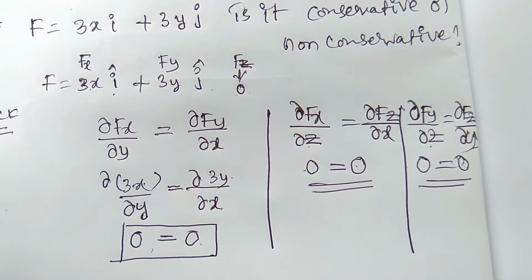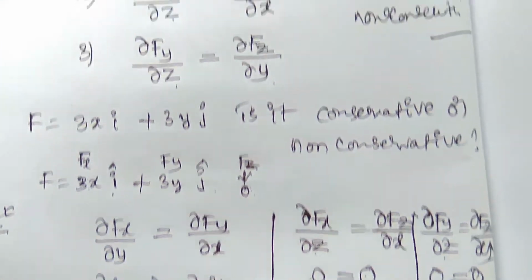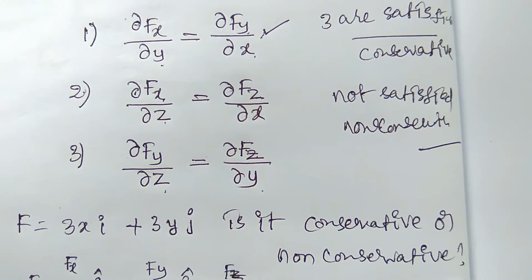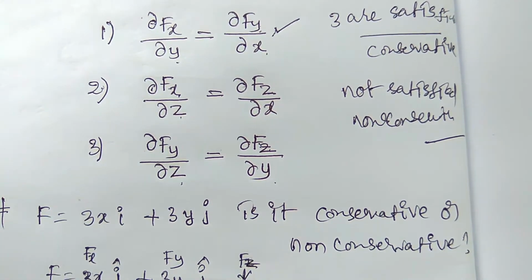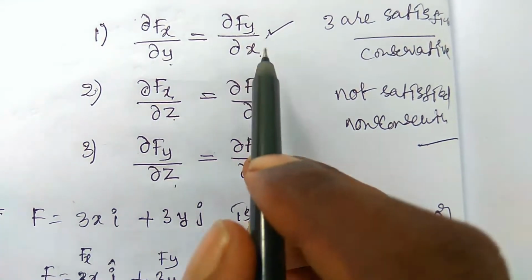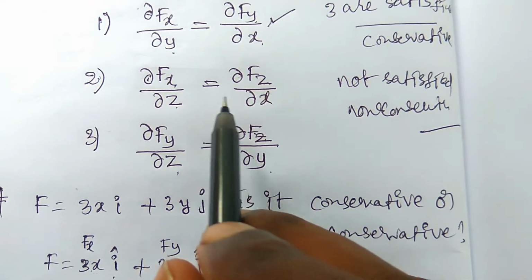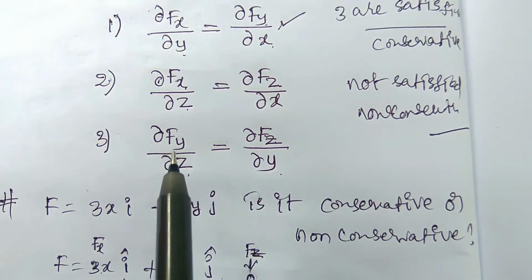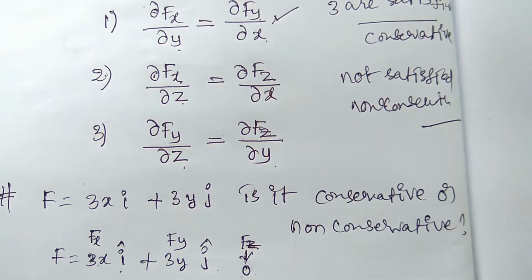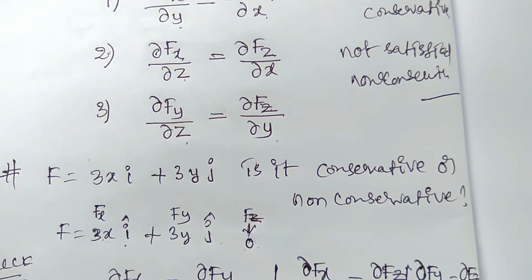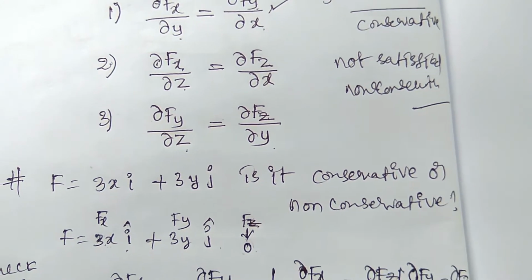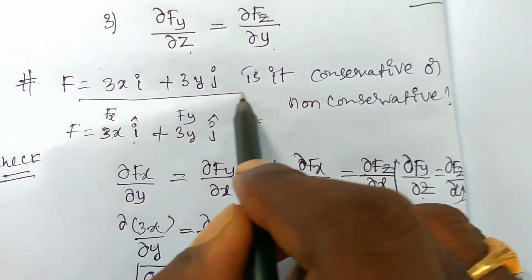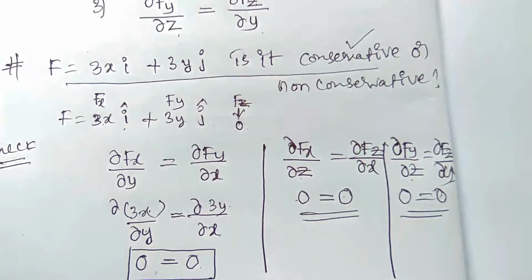The assumption is the three conditions: whatever LHS value we get, the RHS must be the same. It could be 1 equal to 1, 2 equal to 2, and 3 equal to 3. Whatever the value, if LHS is equal to RHS, then the three conditions are satisfied and it is a conservative force. Then we conclude that this is a conservative force.